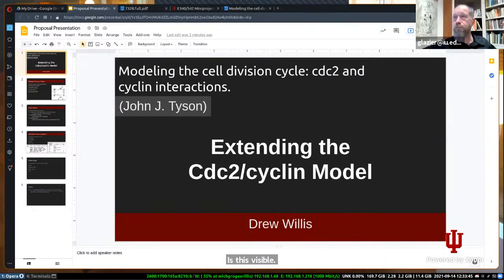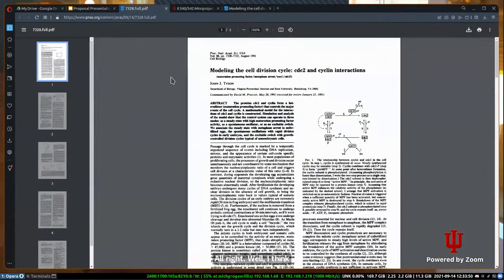Okay. Perfect. All right. Well, I think I'll just quickly run through this because I still want to meet with you and talk about exactly what I want to do with this. But I think the paper I'm going to go with, which I talked about last week, is this one, modeling the cell division cycle with the CDC2 and cyclin interactions.